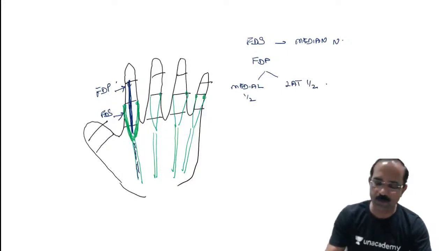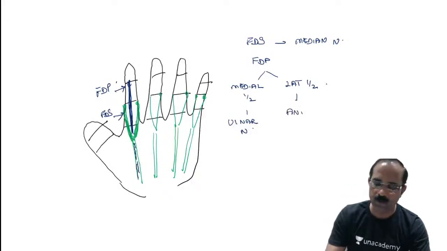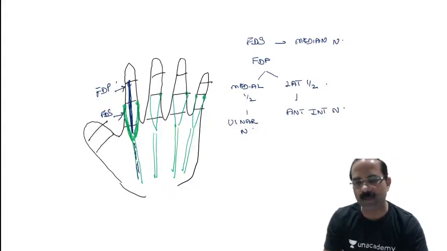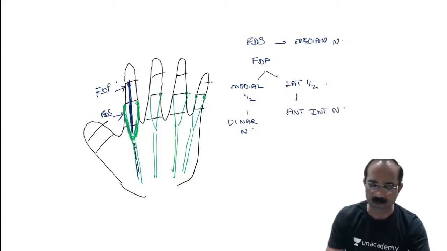The medial half of profundus is supplied by which nerve? Ulnar nerve. And the lateral half of profundus is supplied by a branch of the median nerve. What is that? Anterior interosseous nerve, that's a deep branch of the median nerve.